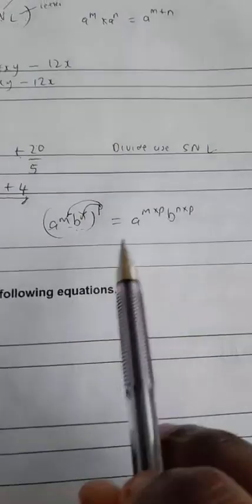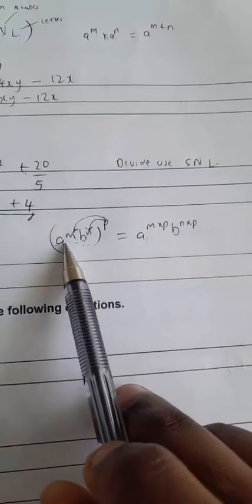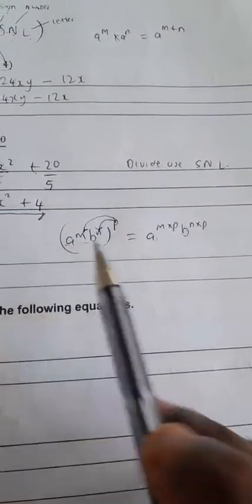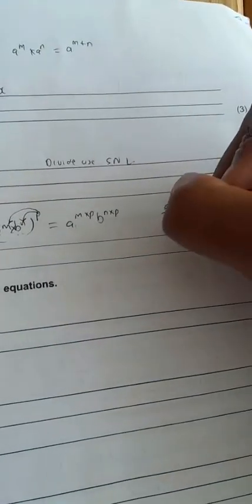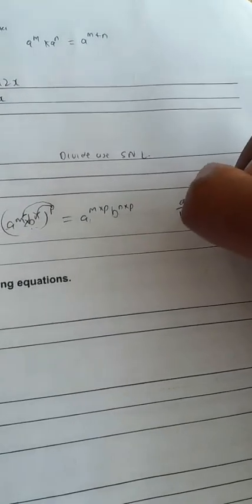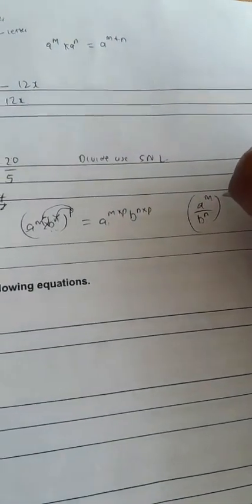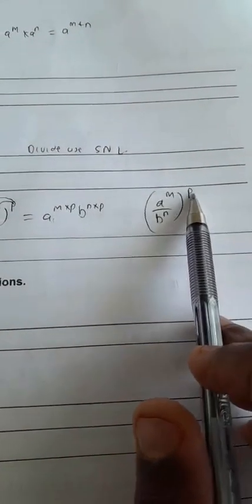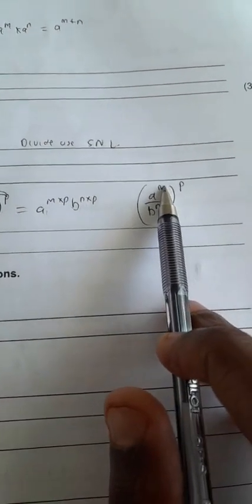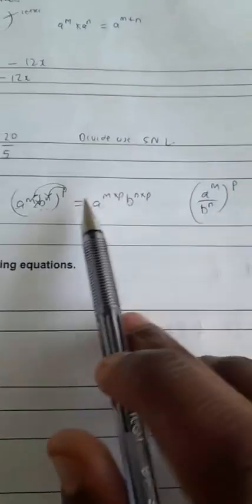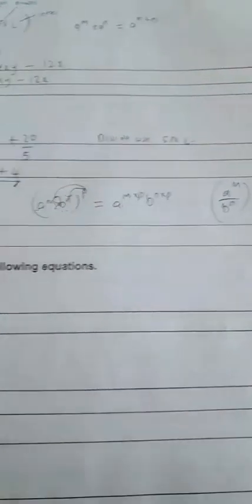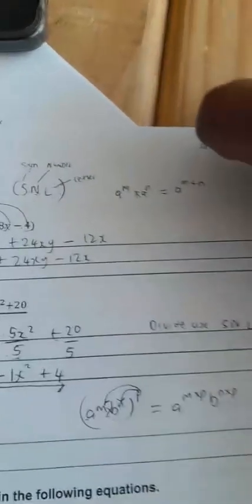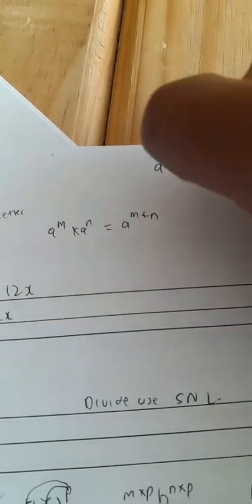This only applies when the bases have a relationship of multiply, and it also applies when the relationship is divide. Then you can distribute the exponent by multiplication, but only if the relationship between the bases is multiply or divide.